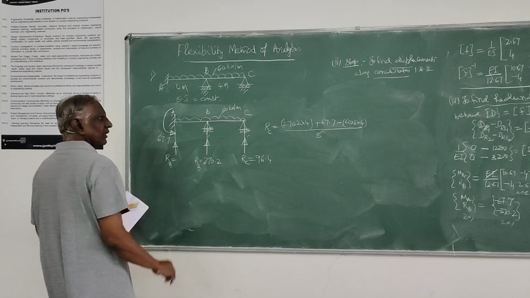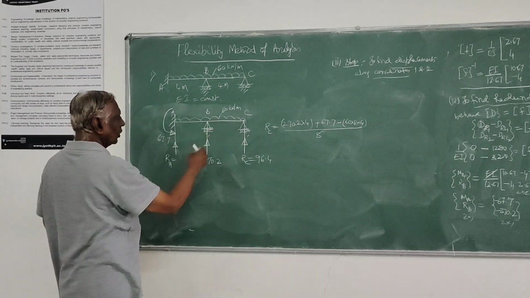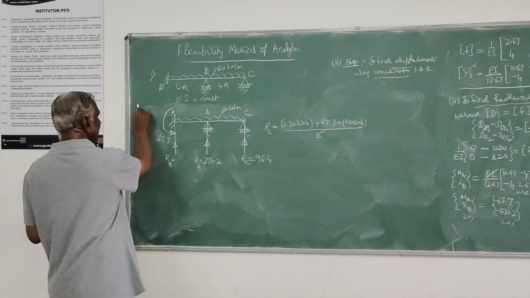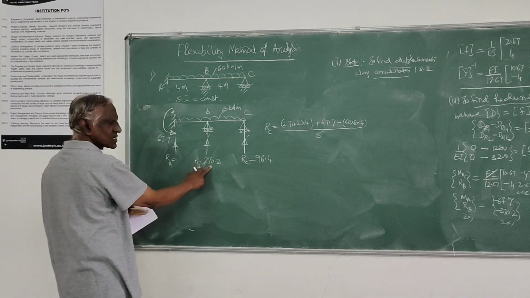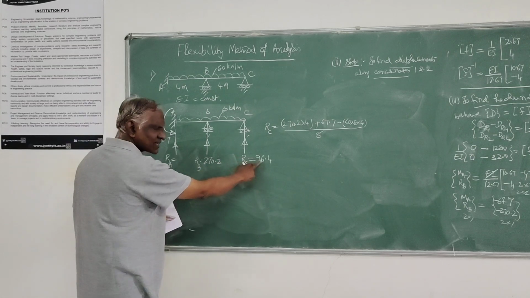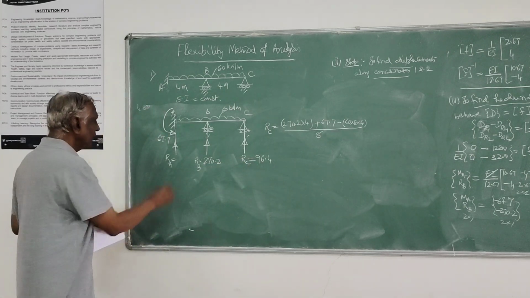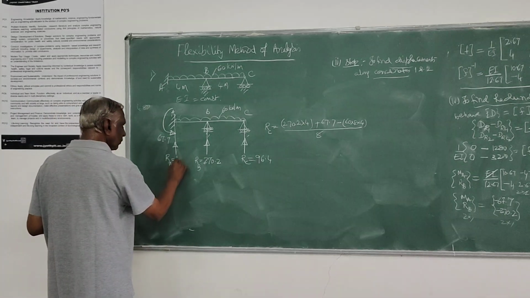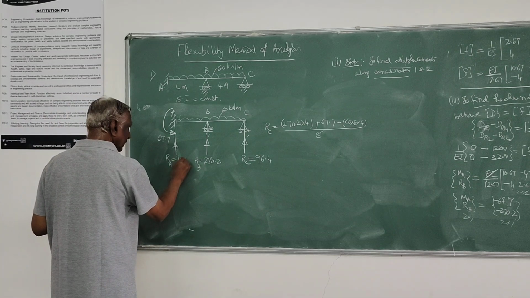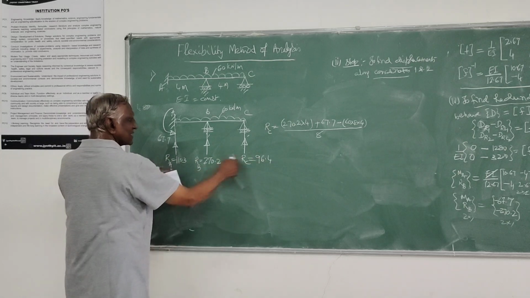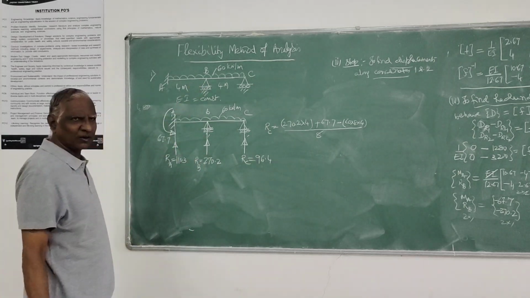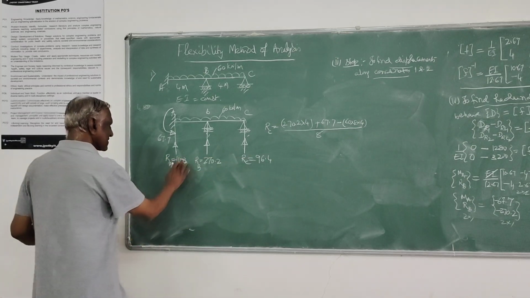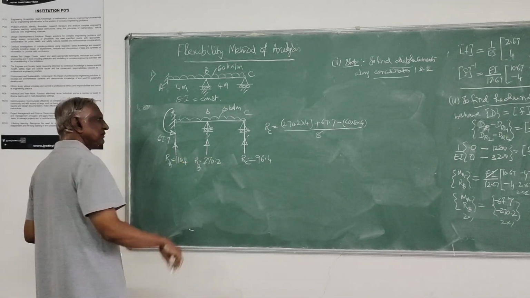Then RA you can find out because the total load is 60 into 8, that is 480, minus 270.2 minus 96.4, that will be your RA, 113.37. Make sure this sum equals the total load. Naturally this is 3 plus 2, 5. Oh, I think I will take it as 4.